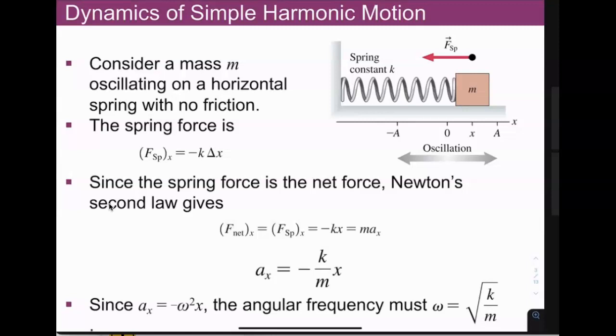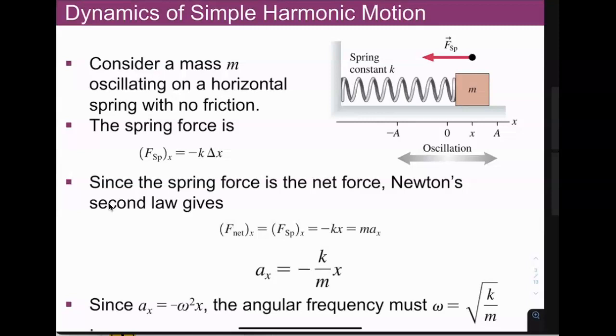Since the spring force is the net force, Newton's second law says that this net force, minus kx, where x is the change in position, is equal to m times the acceleration in the x direction.